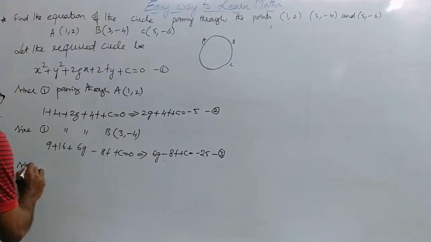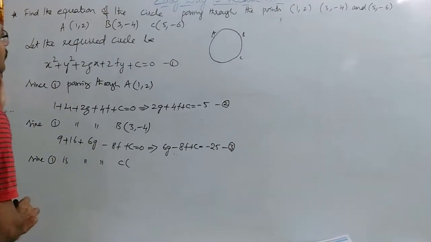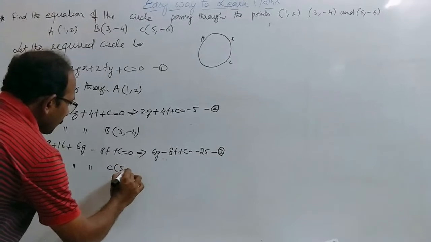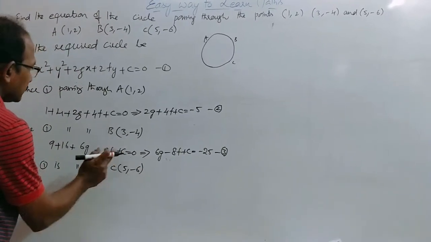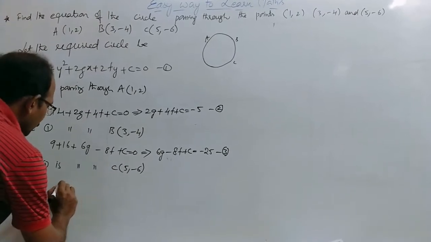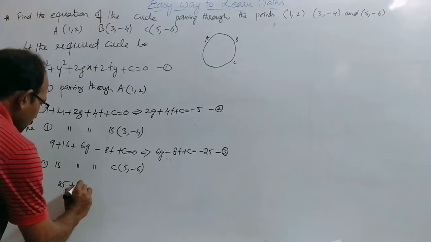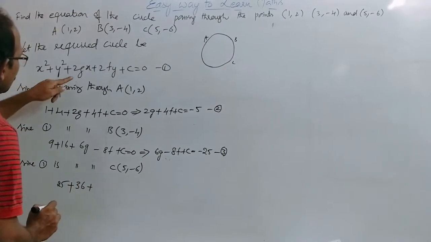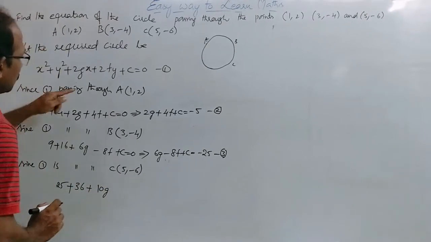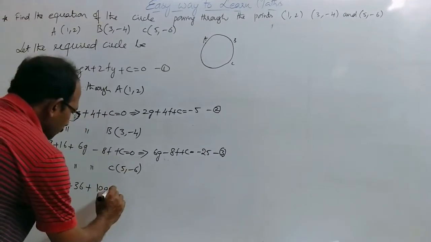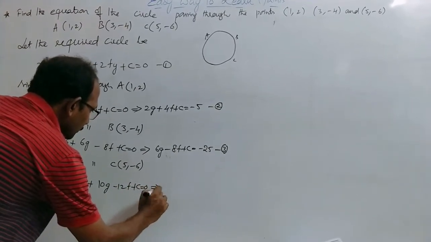And similarly, since 1 is passing through C, 5 comma minus 6, substituting in place of x 5 and in place of y minus 6, then x square means 5 square 25 plus minus 6 whole square 36 plus 2g into 5, 10g, plus 2f into minus 6, minus 12f, plus c is equal to 0.